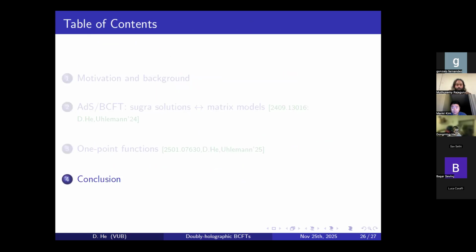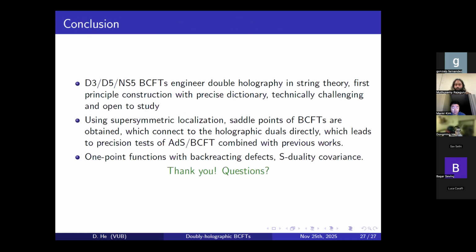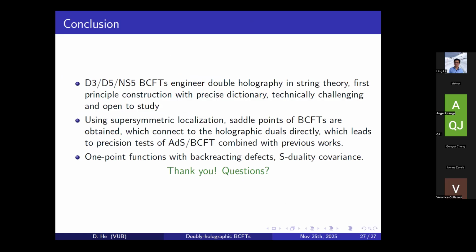Yeah, so I have finished my talk, and I will quickly summarize it. Double holography in string theory can be engineered by D3, D5, and NS5 BCFTs in super-Yang-Mills. And this gives the first principle construction with a precision dictionary, although it's technically challenging, but it's still open to study.